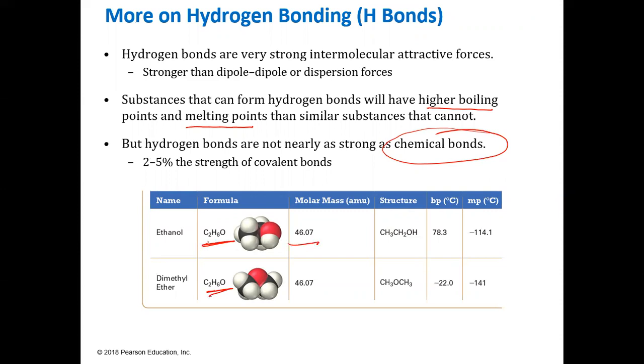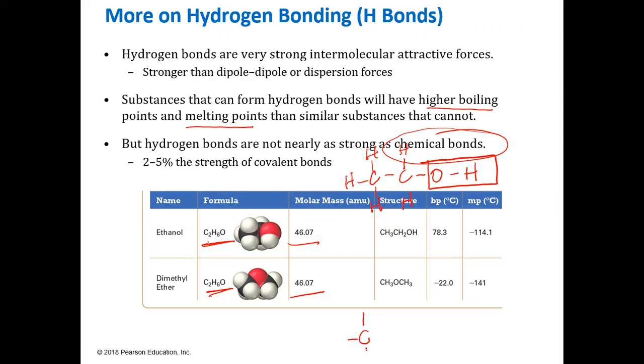Okay, so if we look at ethanol and dimethyl ether, the formulas you'll notice are the exact same, so their molar masses are the exact same, but the structure is slightly different. I'll draw it out. So you have this carbon with 3 hydrogens, and you have a carbon with 2 hydrogens, and you have an oxygen bound to a hydrogen. So here's my hydrogen bond right there. Then you have this ether.